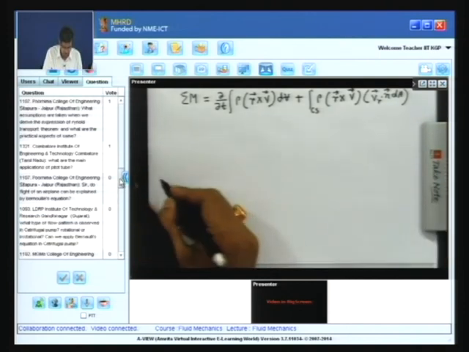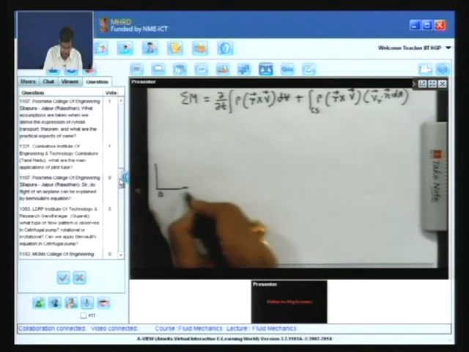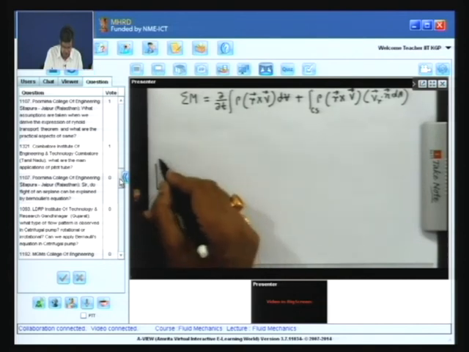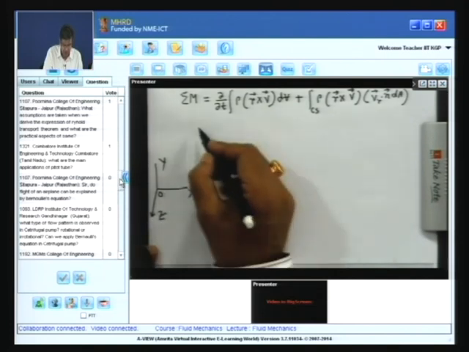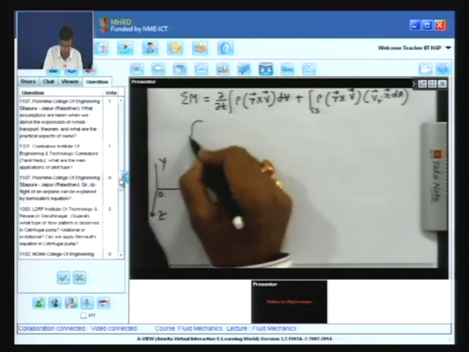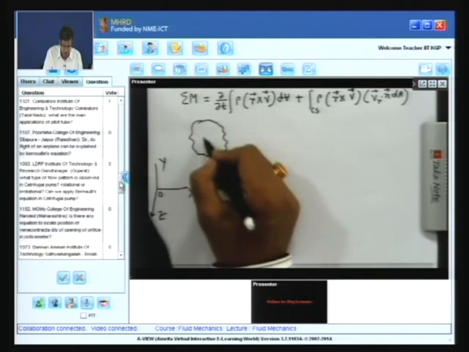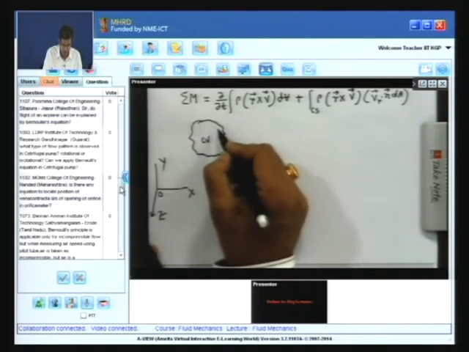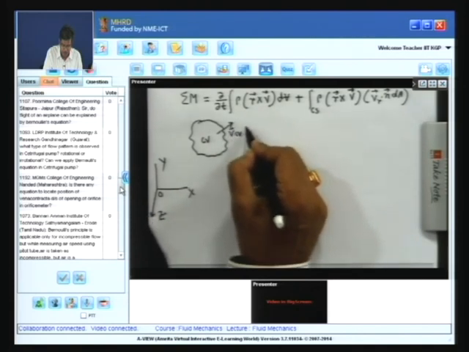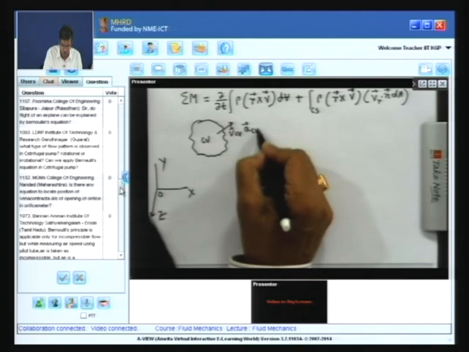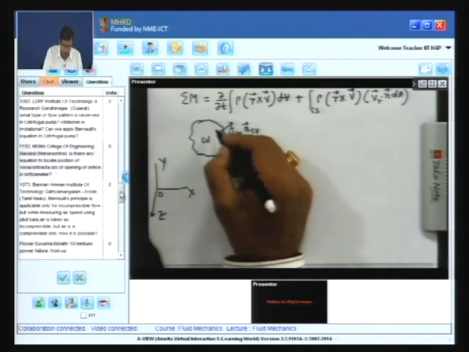That means if we have, for example, a static frame of reference, let us define it as capital X, Y, Z, we consider a control volume which is rotating, having a linear velocity and a linear acceleration A, and along with that the control volume is rotating.